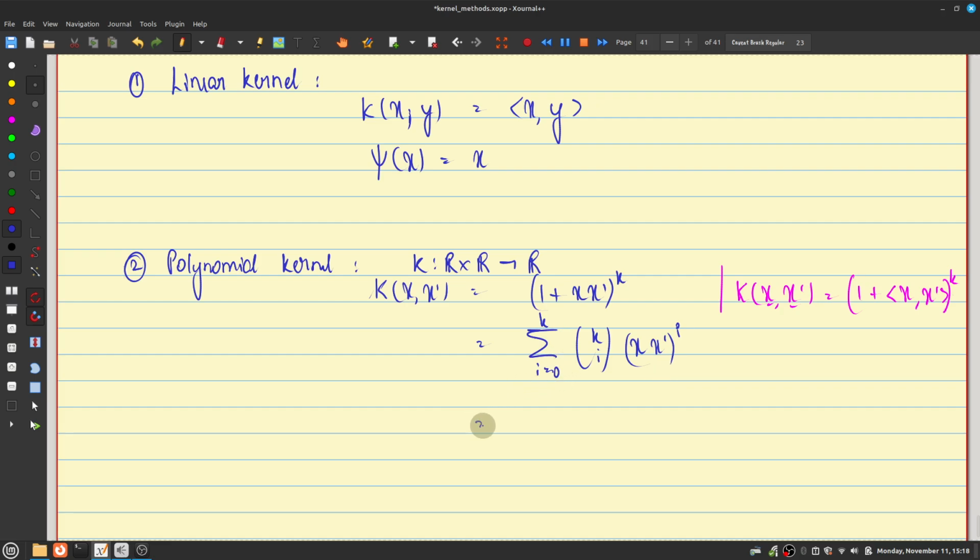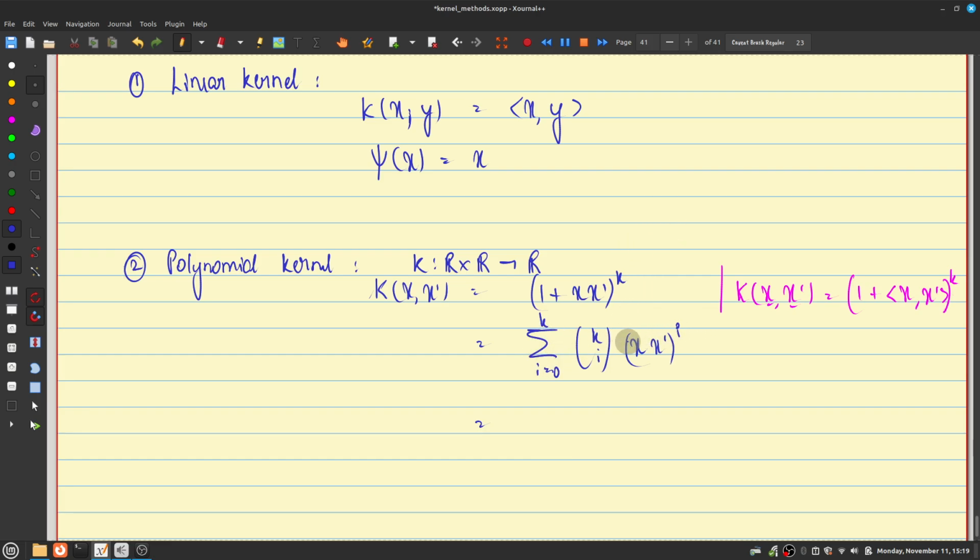How would I be able to do that? So these are k plus 1 terms.